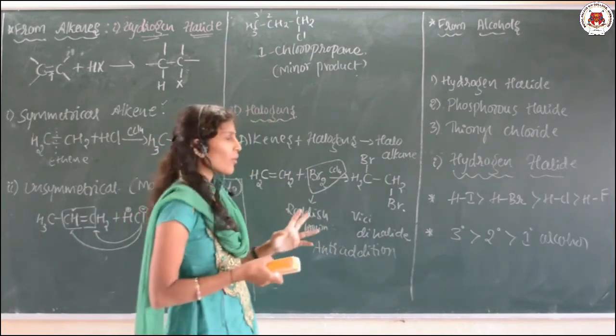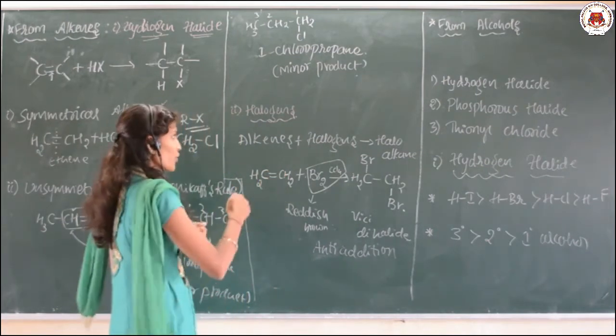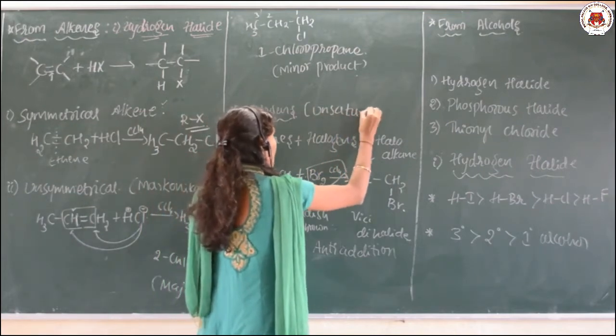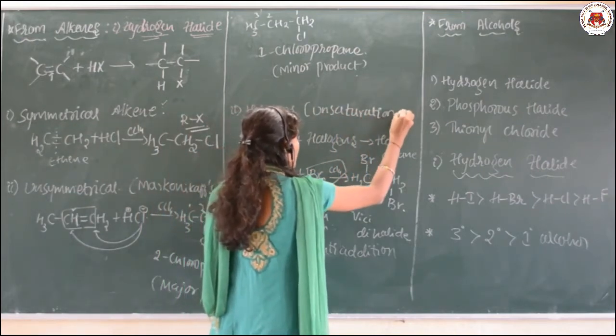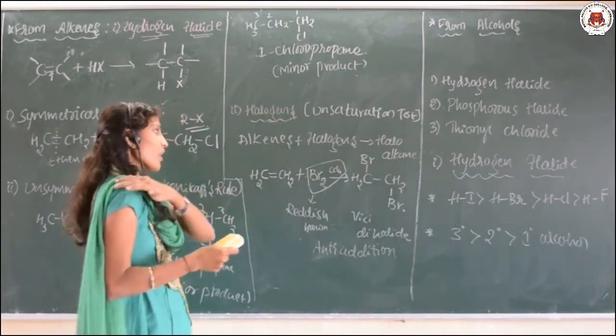So how did we come to know that? It is one of the tests for the detection of unsaturation, the unsaturation test. First let me explain how it happens; later I will tell about the unsaturation test.